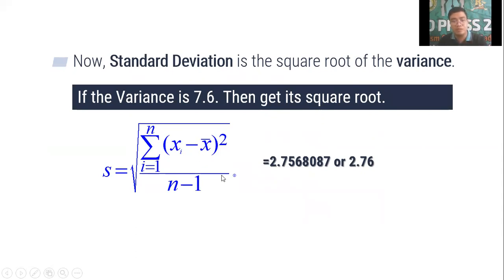If you were able to solve for the variance, the number here will become 7.6. So you get the square root of 7.6. It will give you 2.75668087 and so on. You just round off to 2 decimal places. It will give you 2.76. Therefore, the standard deviation is 2.76.